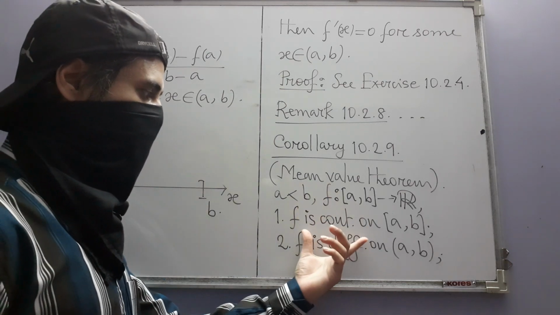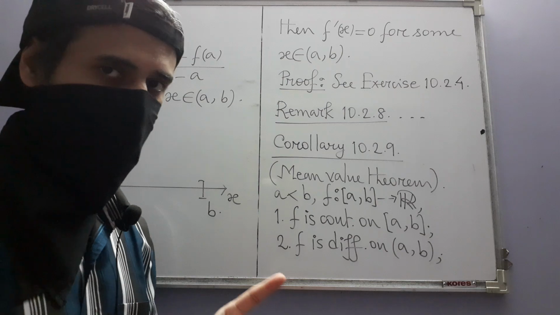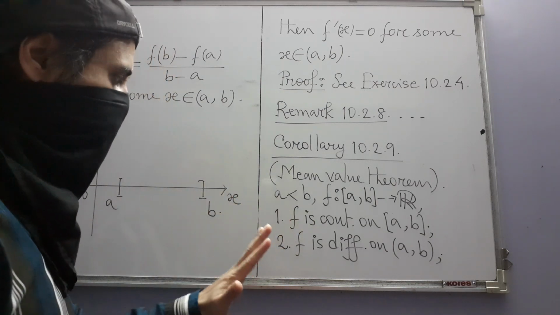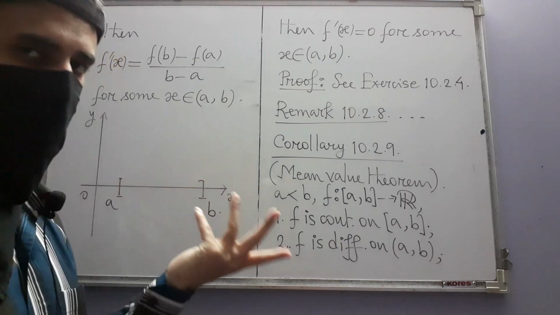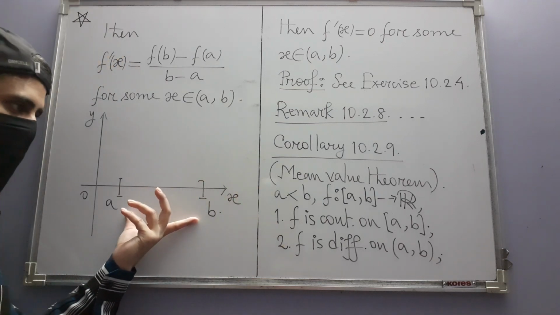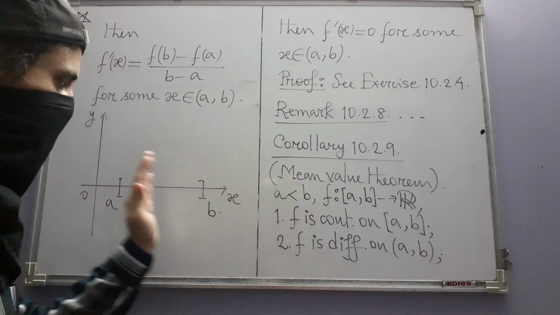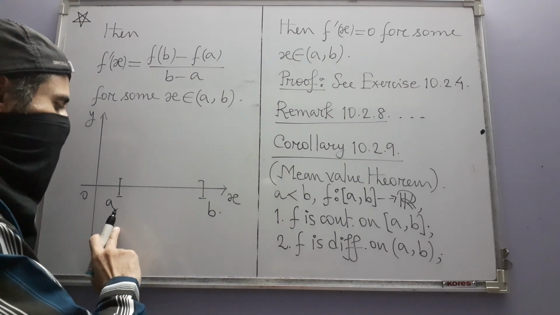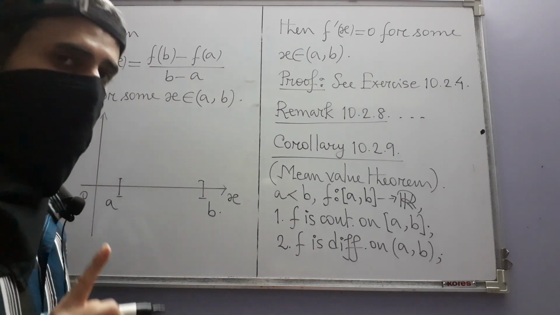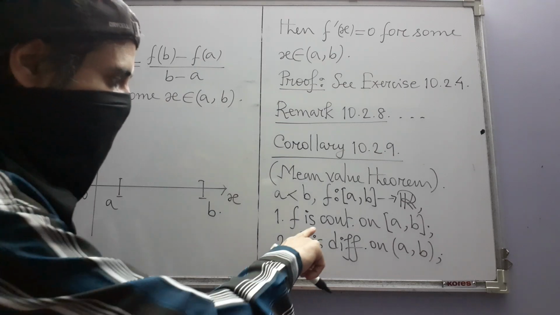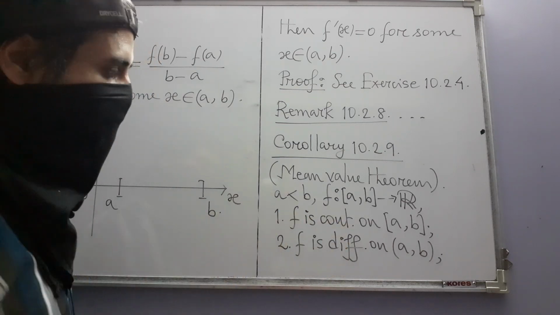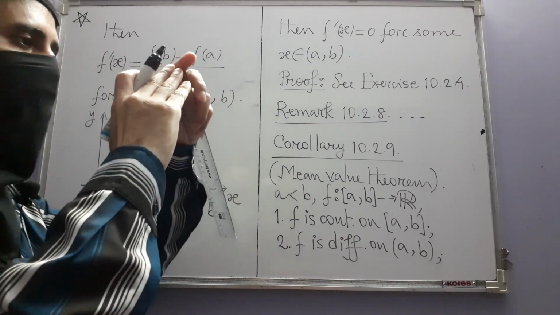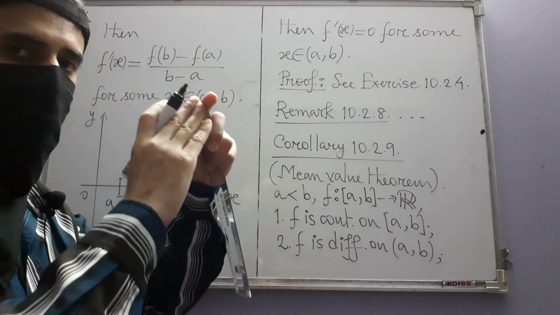So the mean value theorem says that f is continuous on a comma b, which means that the graph of f, of course here itself, there will be the graph. On this side and this side there is no graph, because this is the domain of f. The graph is in one piece, it's not broken. That's what we mean by continuity. And by differentiability, we mean that the graph does not have sharp corners, sharp ends like this.